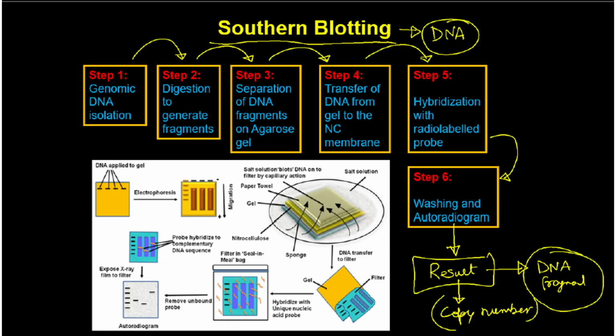Step 4 is the transfer of DNA from the gel to the NC membrane. Step 5 is the hybridization with a radiolabeled probe. Step 6 is the washing and autoradiogram generation. The autoradiogram is basically the result we see after probing, to know what was there in the sample.